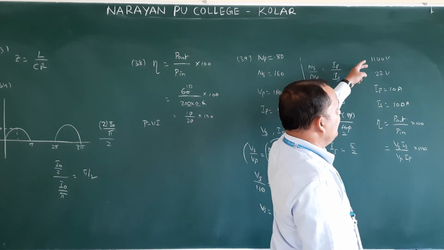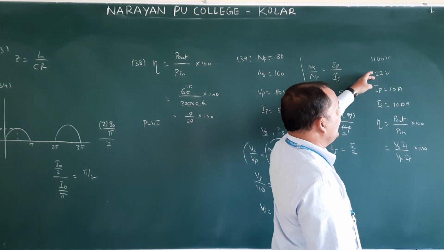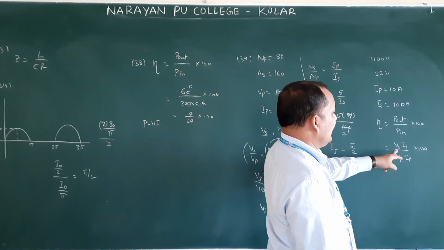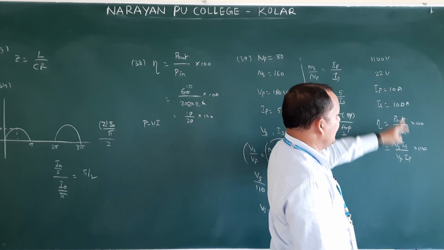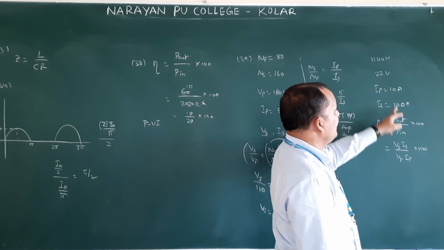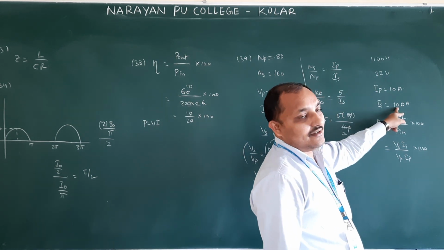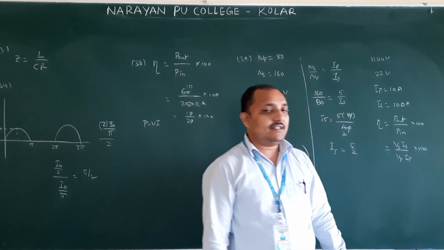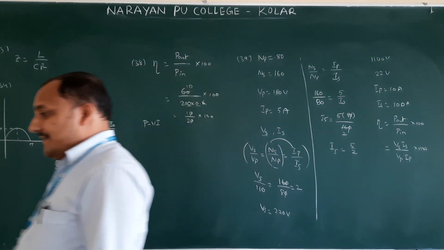So they are bringing 1100 to 22. This is primary, this is secondary. Vp value 1100, Ip value 10. Vs value 22, Is value 100. Then you multiply with 100, so you will get the efficiency.